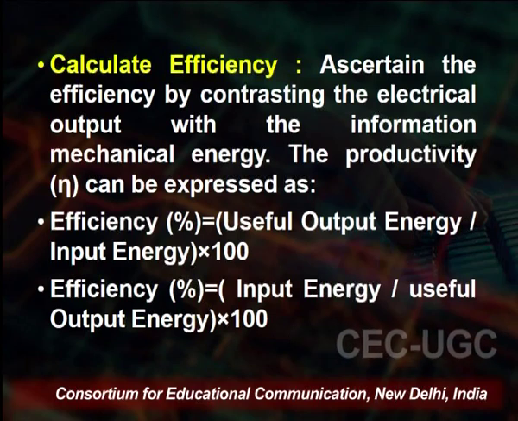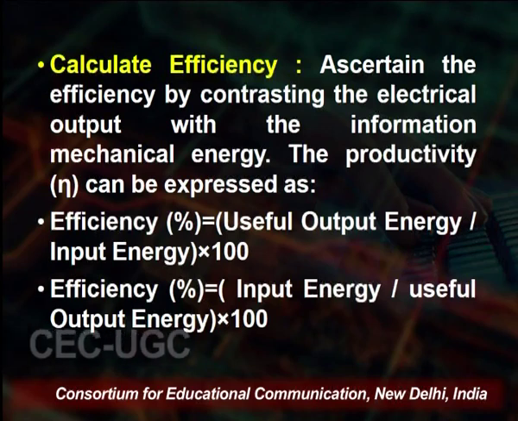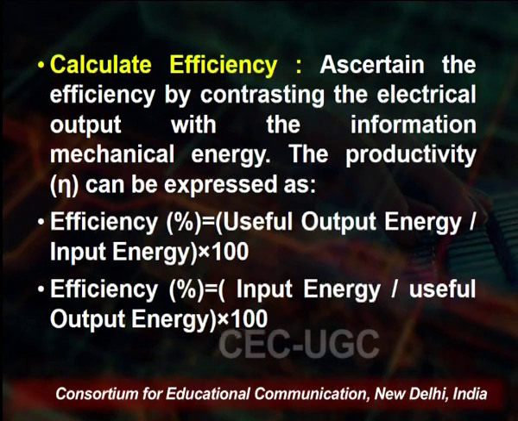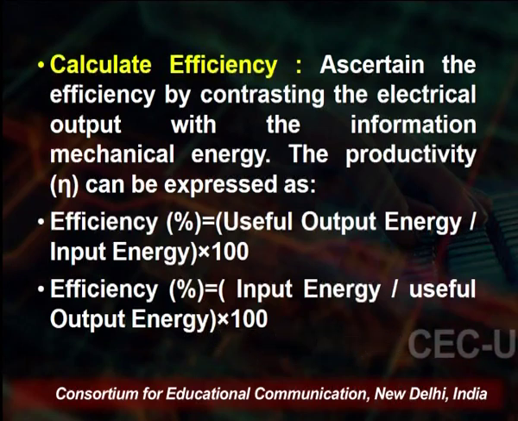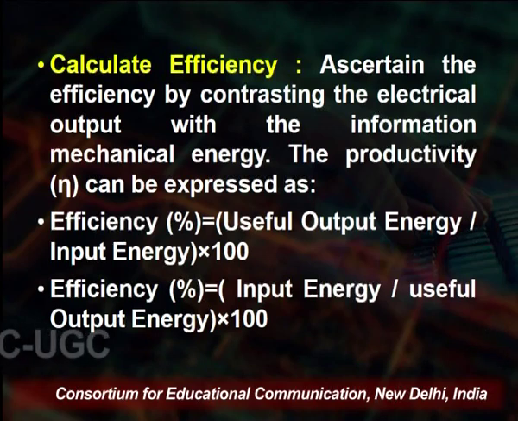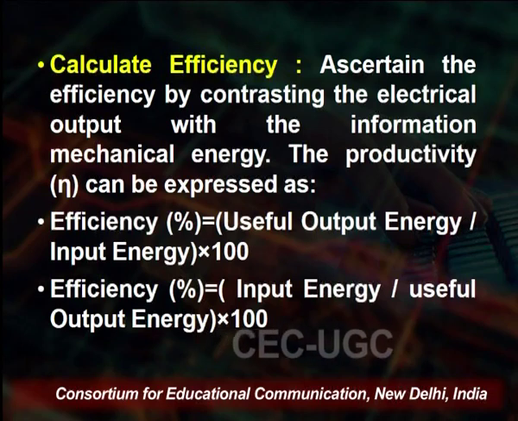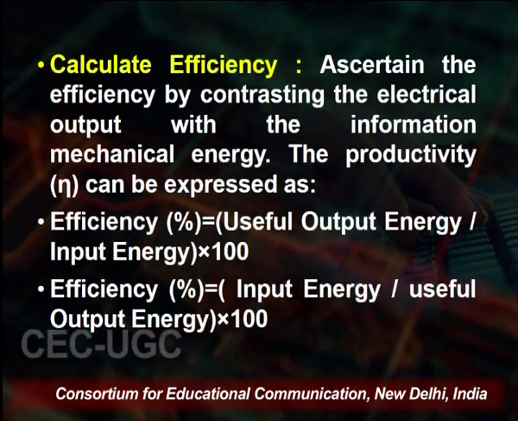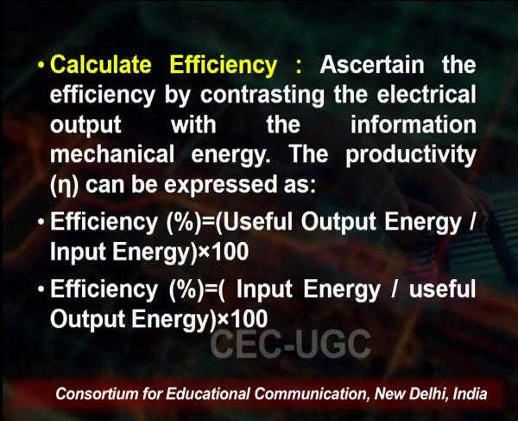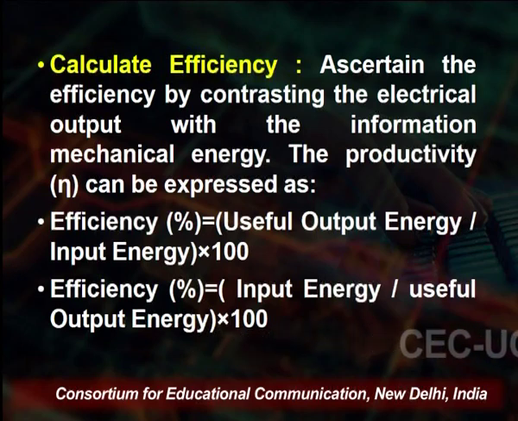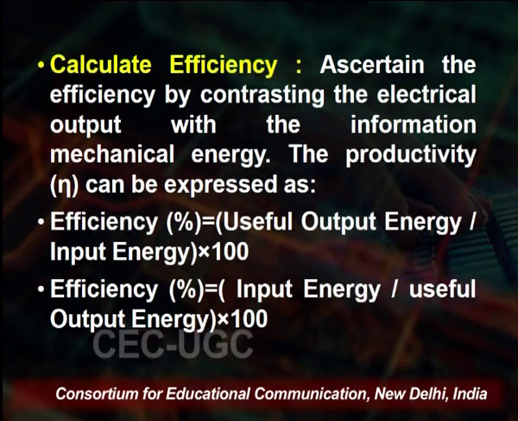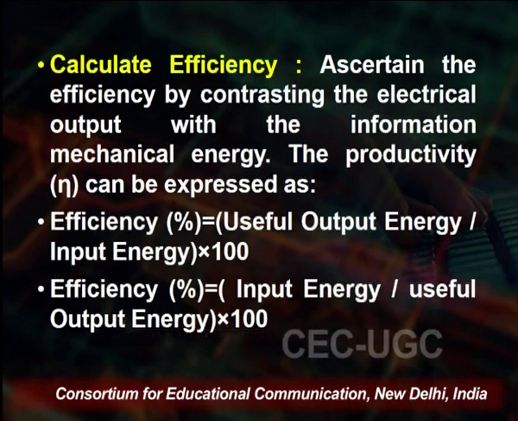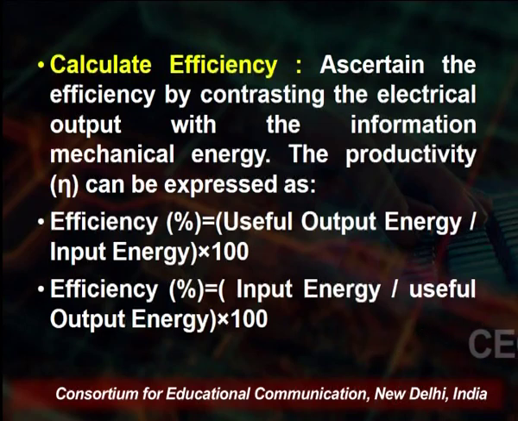We calculate the efficiency by comparing the electrical output with the input mechanical energy. So efficiency, defined by eta, can be expressed as efficiency percentage equals useful output energy divided by the input energy, times 100. Similarly, for the inverse case, efficiency is equal to useful output energy divided by input energy, times 100. So in both forms, direct or inverse, we can find out the efficiency.